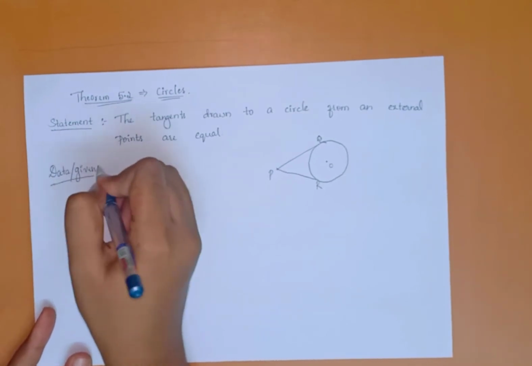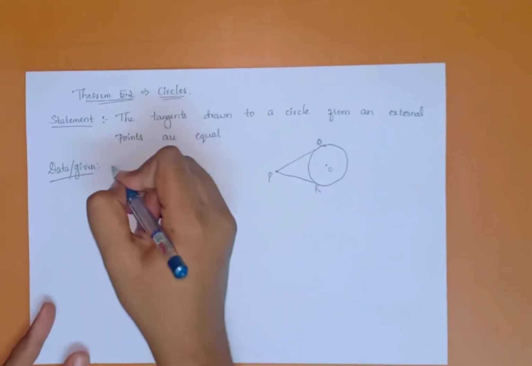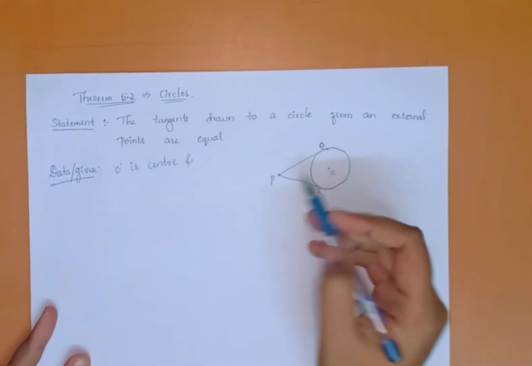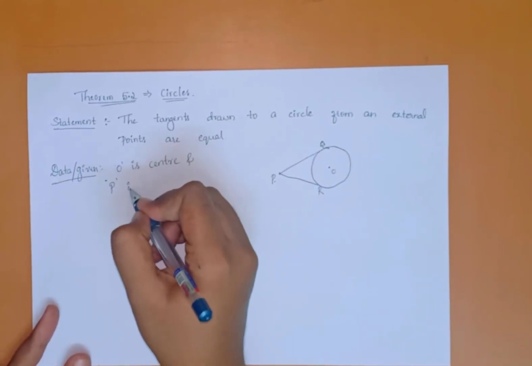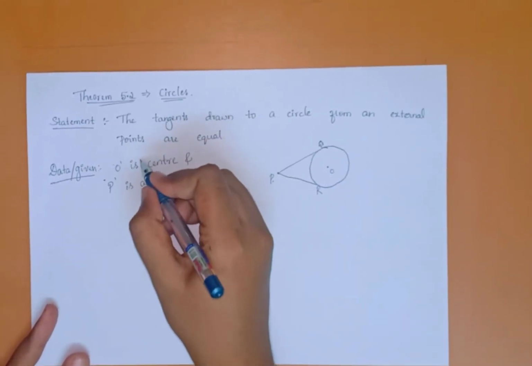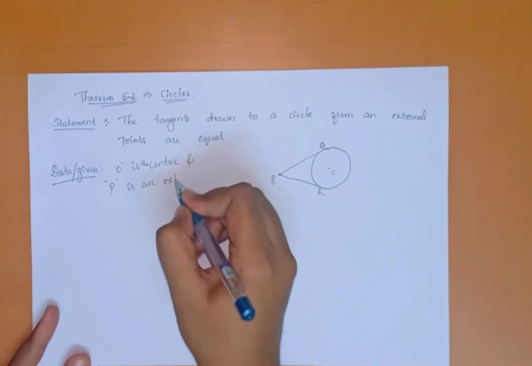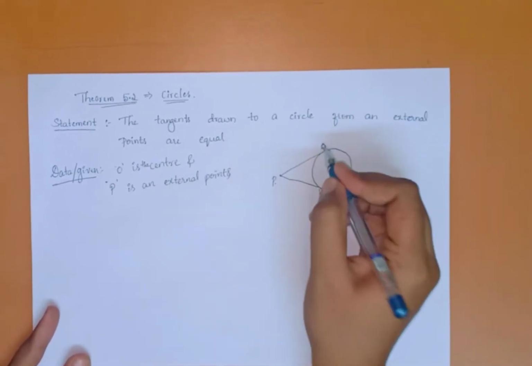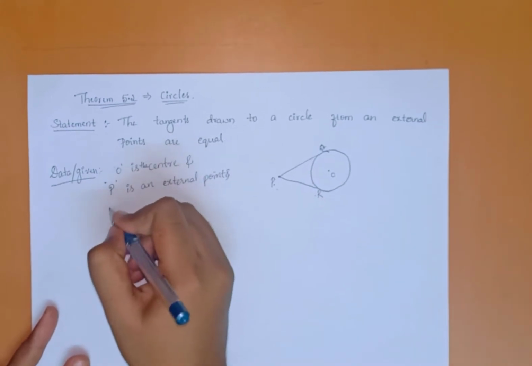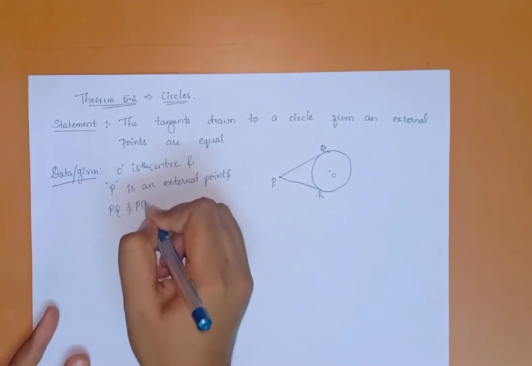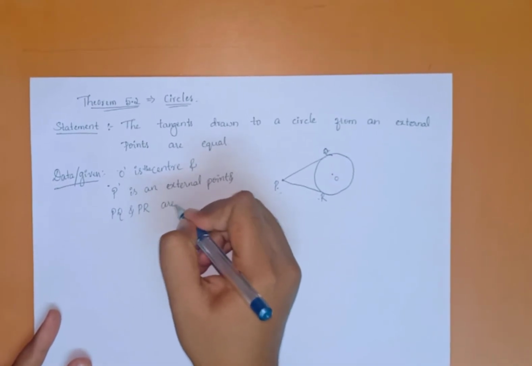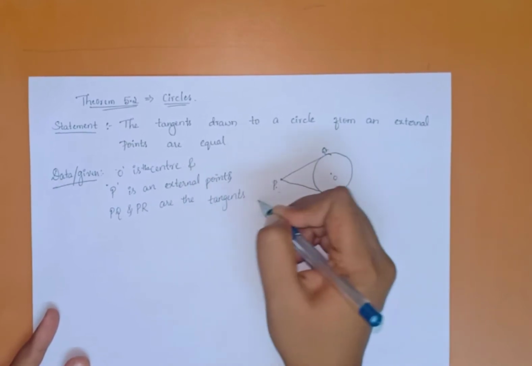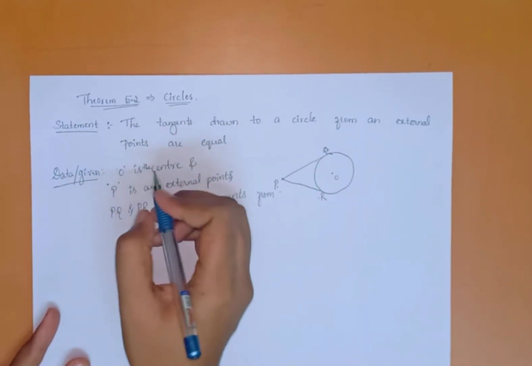What is given? It is given that O is the center and P is an external point, and PQ and PR are the tangents from an external point.